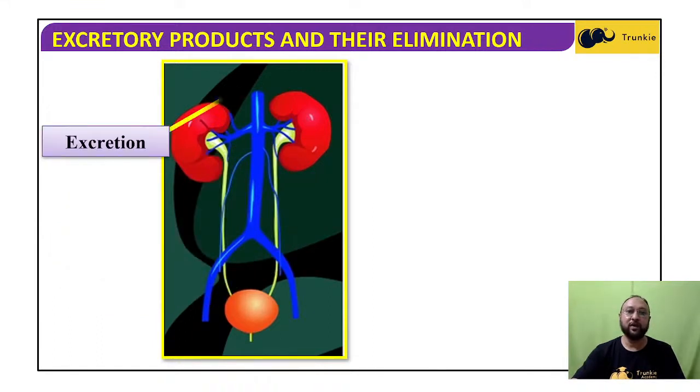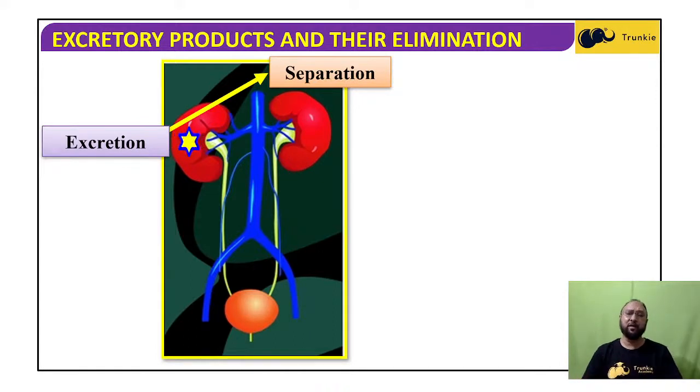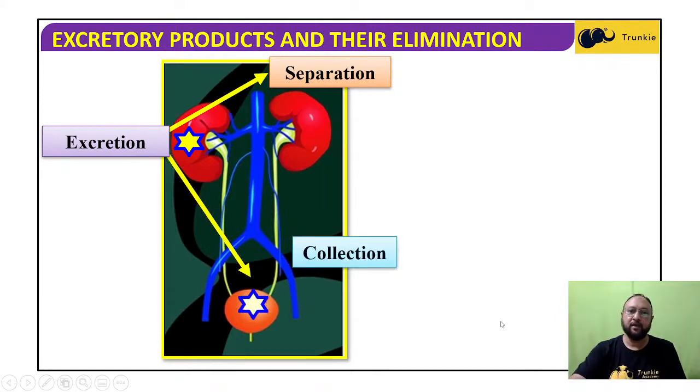So excretion, in the human body or animals mainly, we find that the waste is nitrogenous waste. So you see collection, separation: separating the waste material, filtering it out in the kidney, and then collecting it in the urinary bladder temporarily, and then releasing it out from the body.